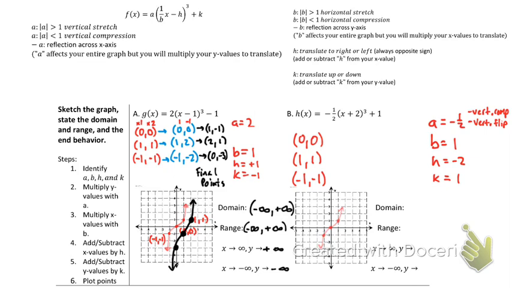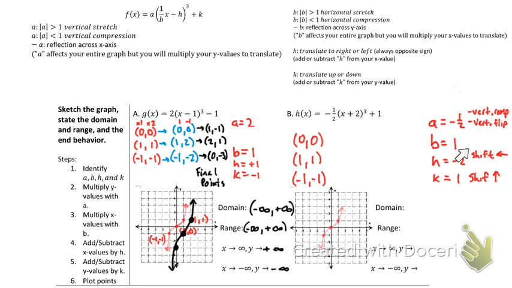Nothing's happening for the B. The H value is a shift backwards 2 times. And this is going to be a shift up 1 time. All right. So we found our A, B, H, and K. We've described it here.